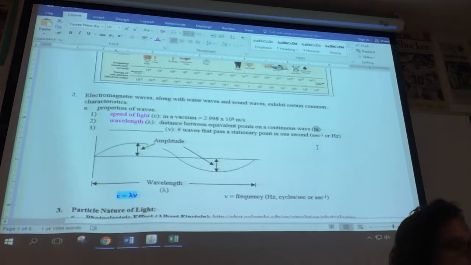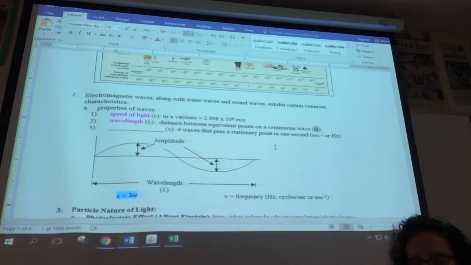You'll see in your calculation that the wavelength must be in meters. When we think about wavelength, if you look at this sine curve shown on the screen, the wavelength of this sine curve is from the beginning until it has one complete cycle. So this distance would be its wavelength, and that must be in meters.